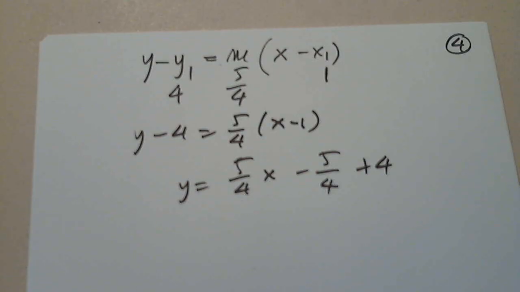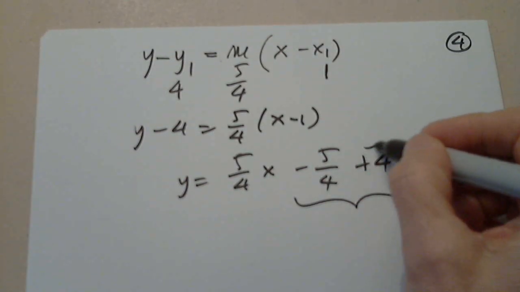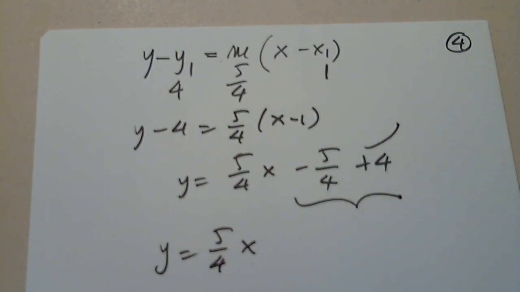We distribute: 5/4 x minus 5/4, and we bring the positive 4. Now we have to identify the least common denominator and determine the appropriate adjustment, because I need to add these. Subtract, add, it doesn't matter. I have to do something about it. Combine like terms.